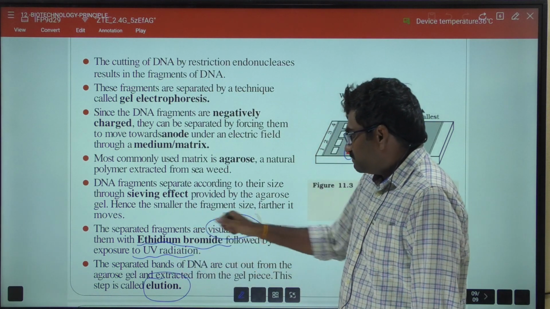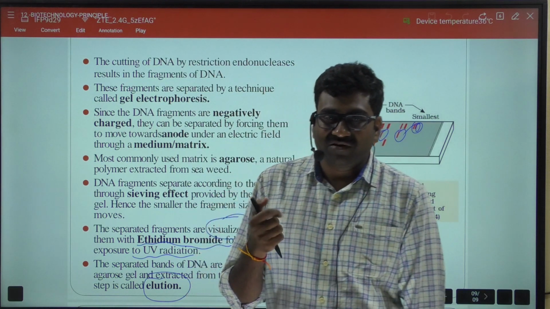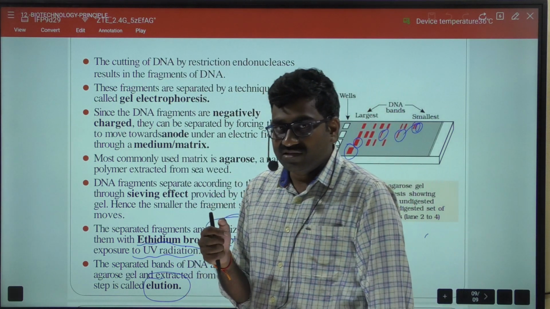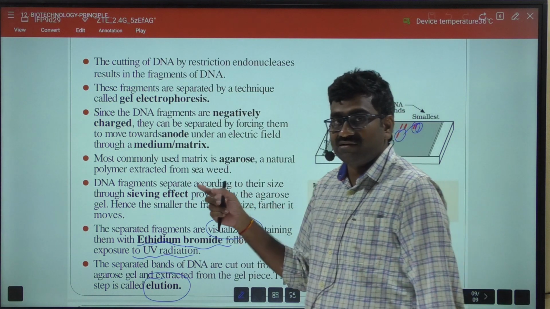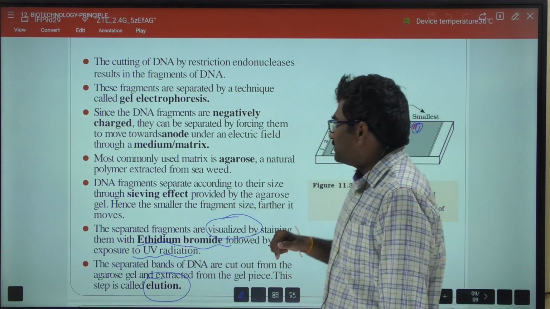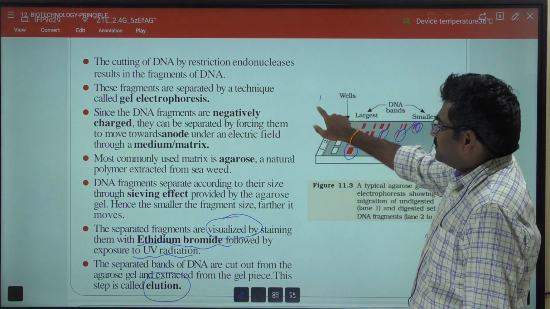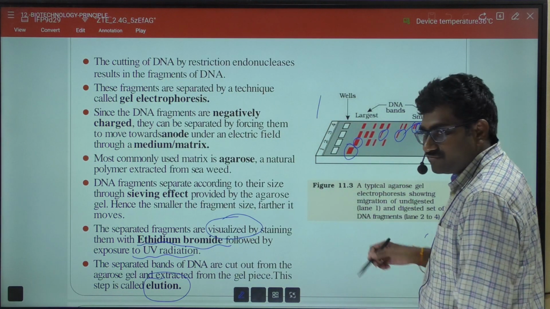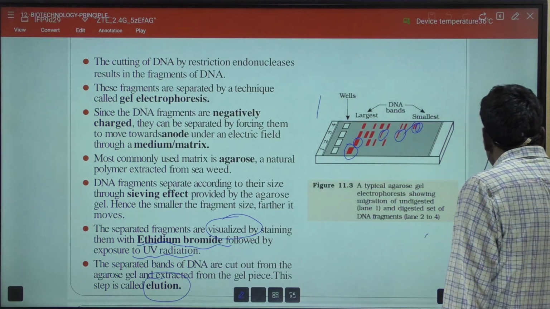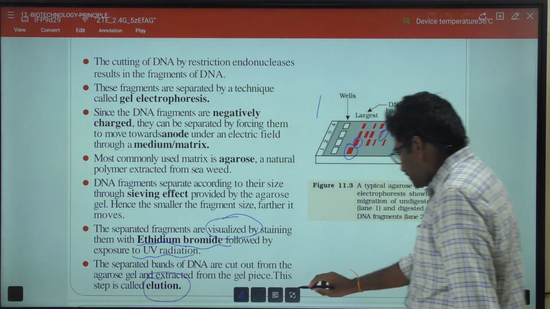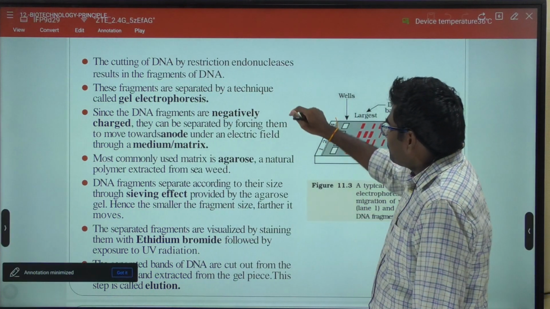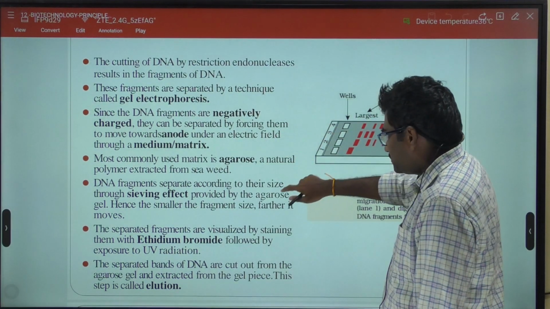Ethidium bromide is carcinogenic. While performing an experiment, you need to be very careful because it is a carcinogenic agent, right? So this is about the separation of fragments using agarose gel electrophoresis.